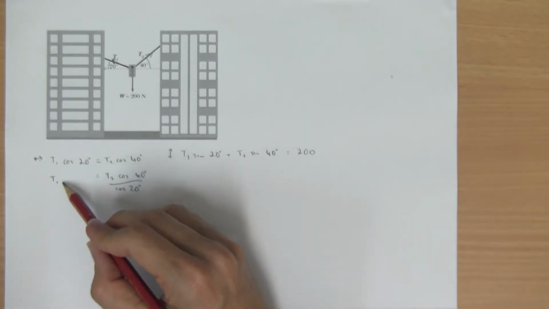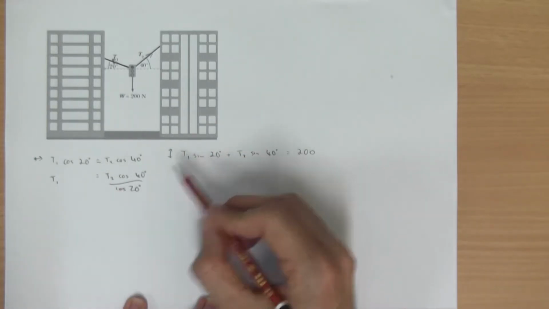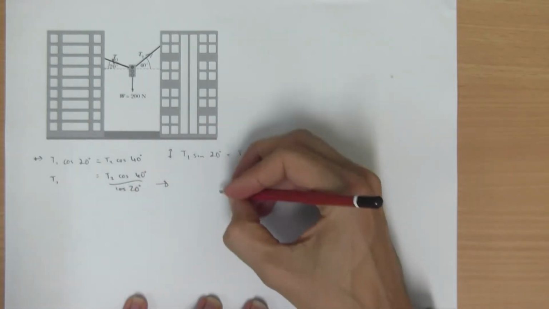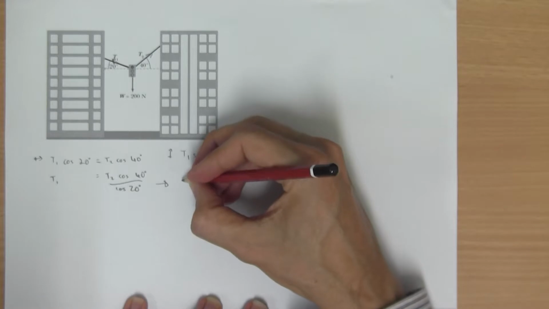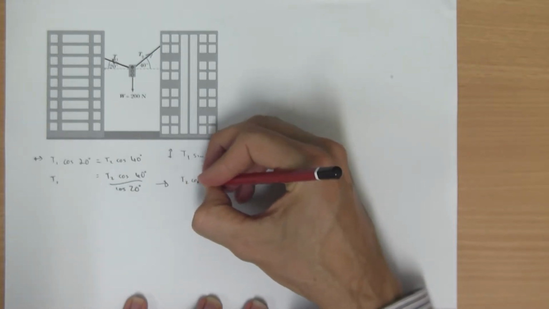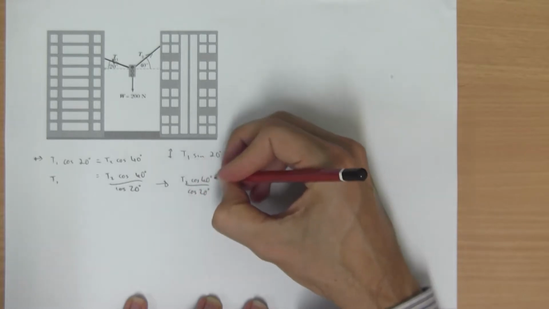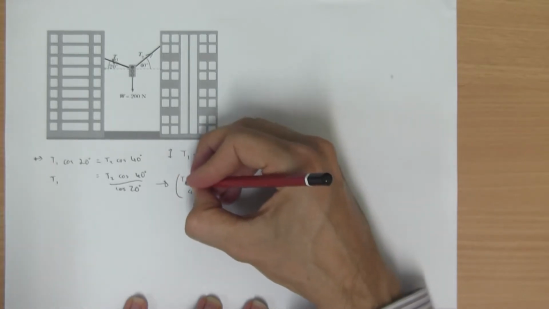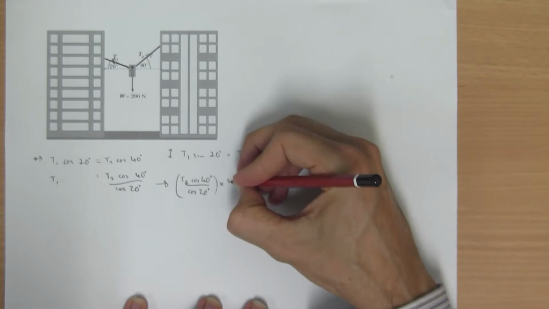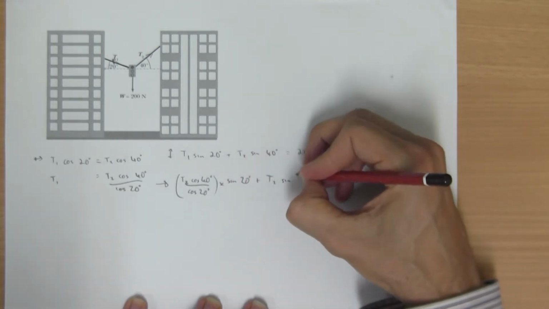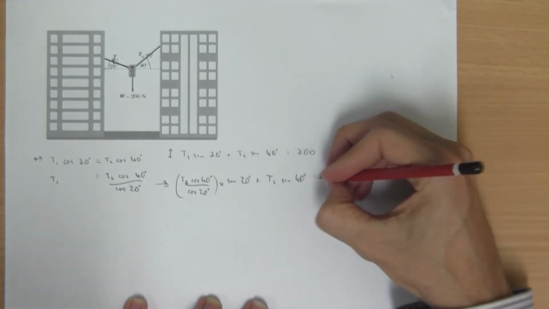So now I'm going to substitute T1 in here with this. Let's do it. T1 is T2 cos 40 over cos 20, so it's T2 cos 40 over cos 20, times sine 20, plus T2 sine 40 equals 200.